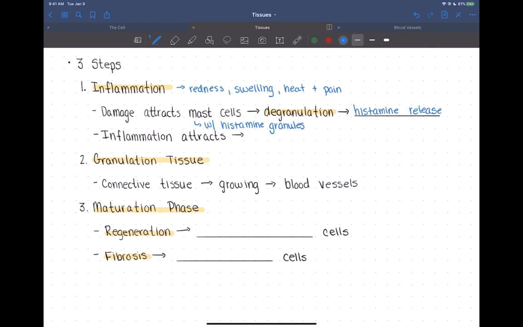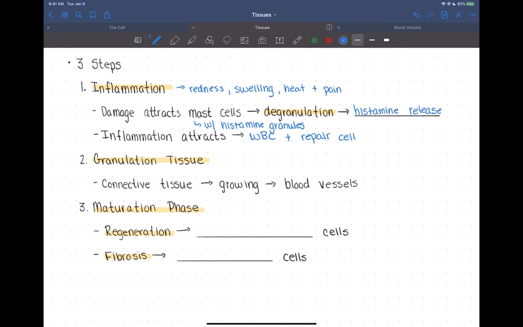It attracts white blood cells, so we can fight any infections and remove any debris, and those repair cells, either our parenchymal or our stromal cells, depending on the type of tissue that was damaged. The white blood cells include macrophages and that sort of thing. So that's our first step.